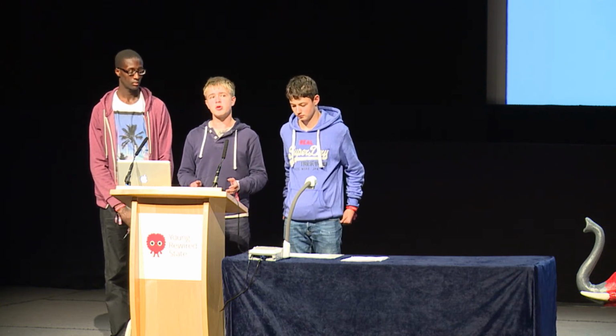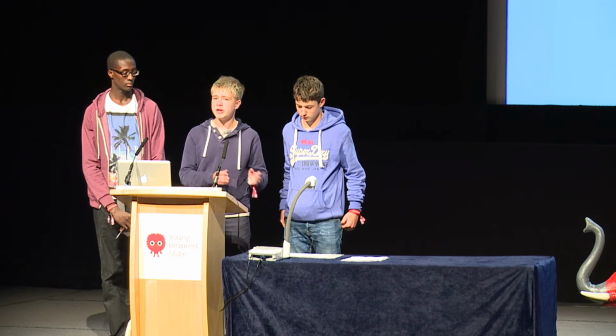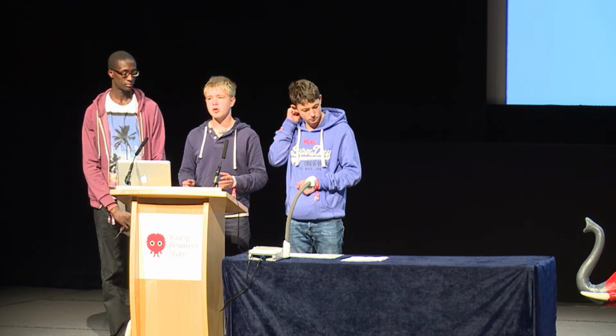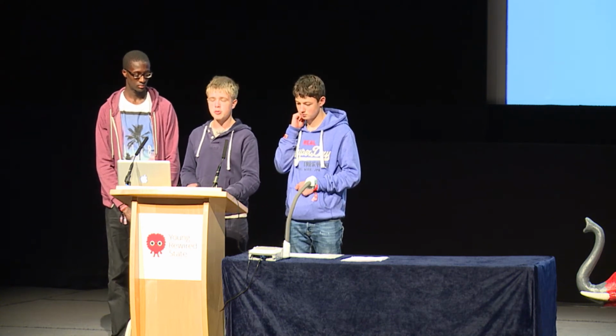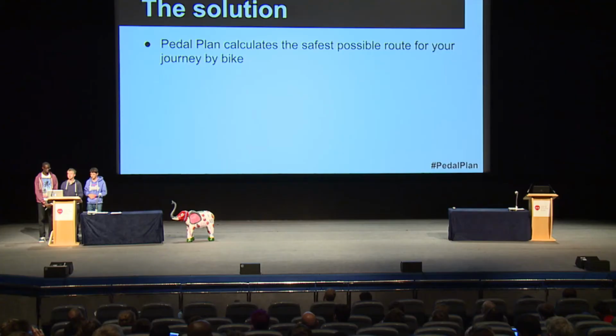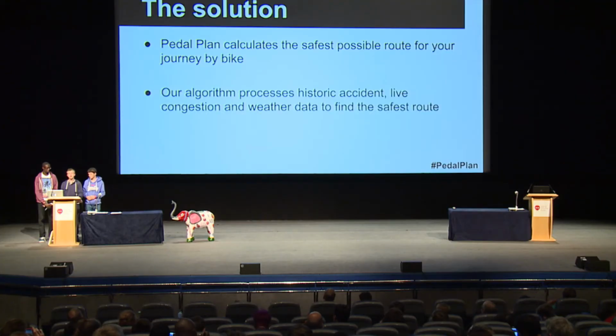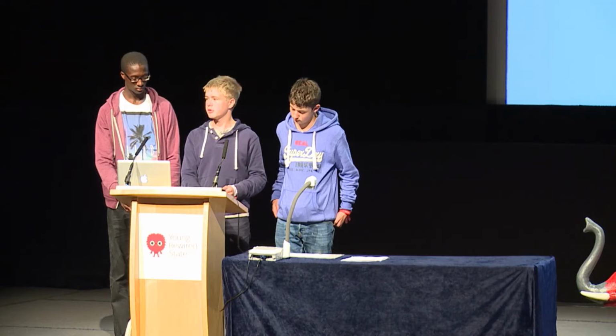Weather data to sort roads which are dangerous in rainy weather and which are dangerous in windy weather, and make sure that routes are filtered based on the current weather. And we also use live congestion data to make sure that you avoid accidents and you avoid congestion in order to have a safer journey. We incorporate so many variables into Pedal Plan, which means that cyclists can have more peace of mind when cycling.